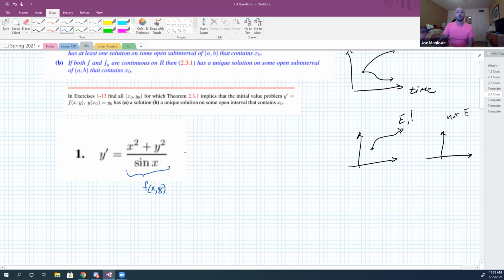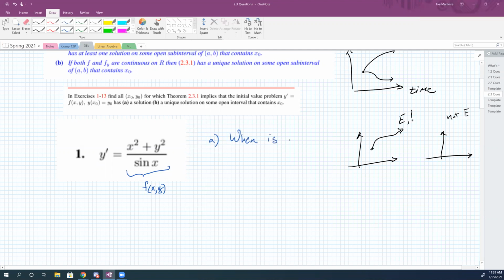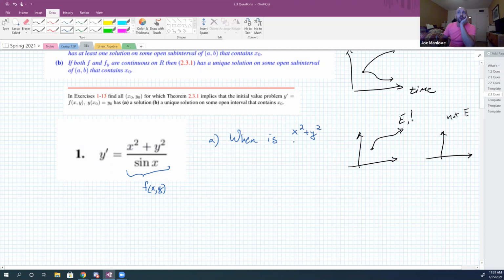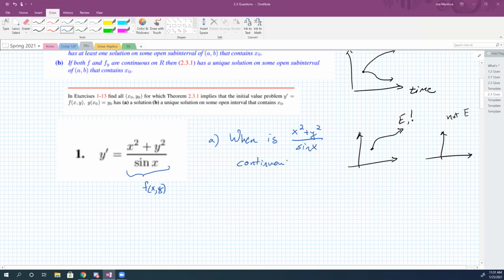And I just want to know, when is that continuous, right? For part A, I'm asking, when is x squared plus y squared over sine x continuous? If x does not equal pi times an integer. Yeah, basically I just need to know when the bottom's 0, right?